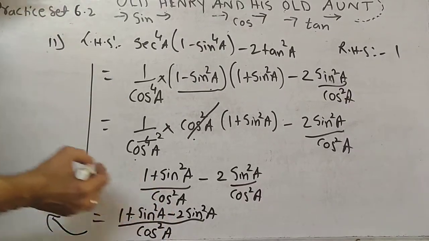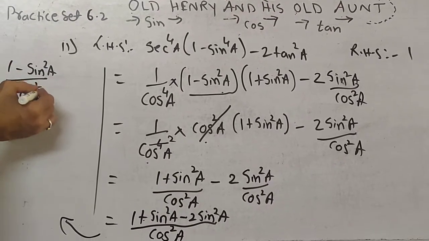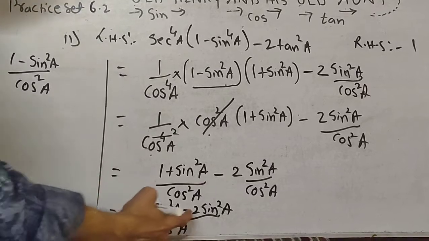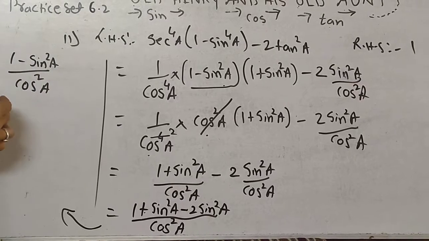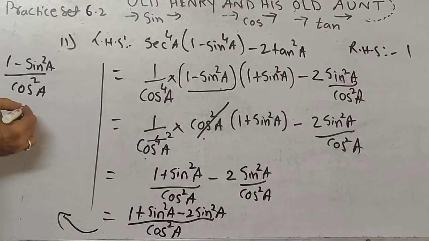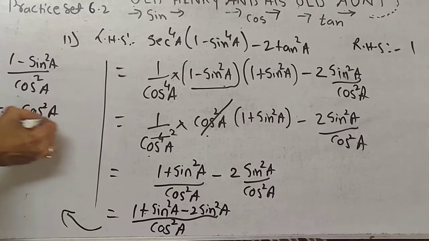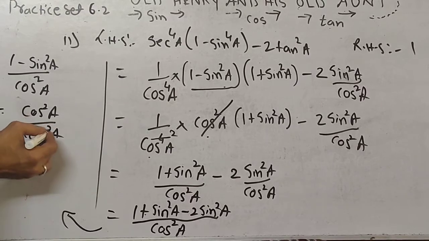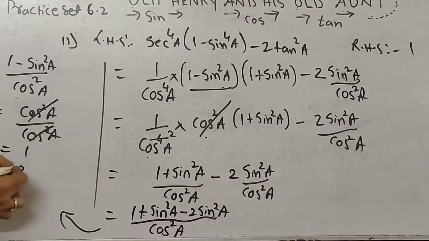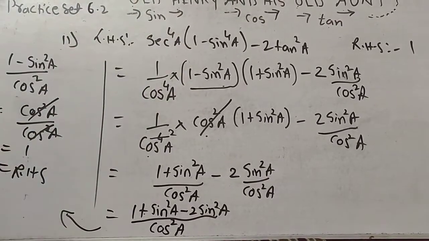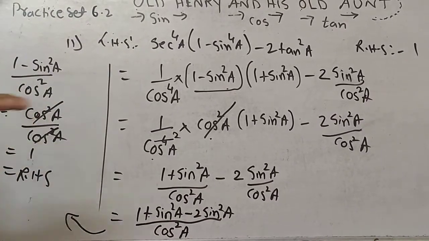Plus minus is minus, so you will get 1 minus sin square a upon cos square a. 1 minus sin square means cos square, so cos square upon cos square. This will get cancelled, you will get 1, left hand side equal to right hand side. So here we have completed this practice set 6.2.